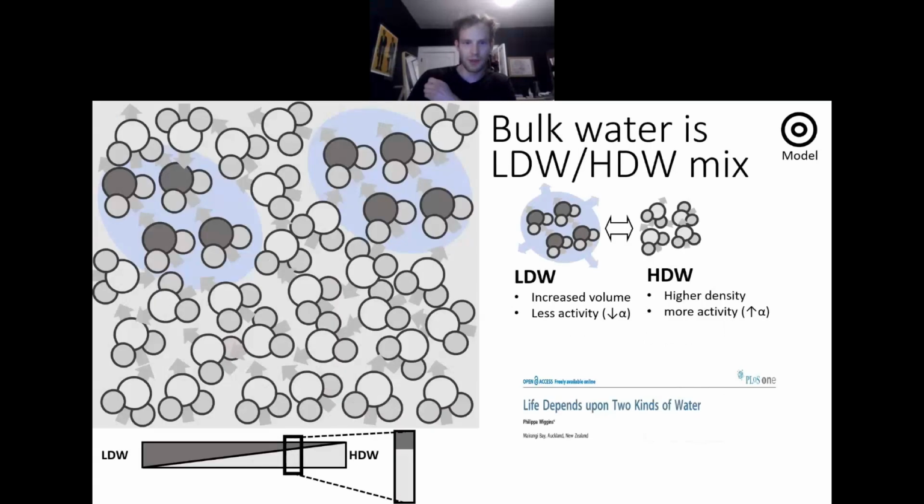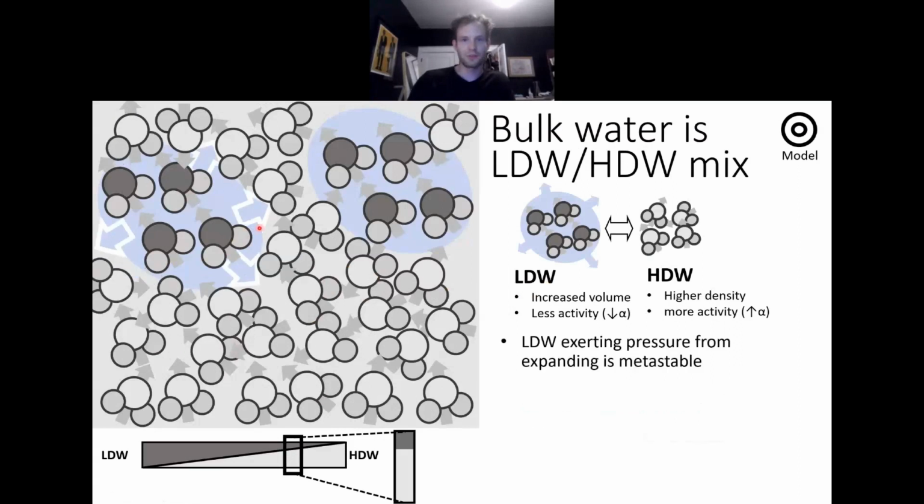So this is the model that two-state water works off of to explain these water anomalies. It talks about bulk water as being a mixture of these two, where bulk water would have pockets of low density next to high density water. Because low density water wants to expand to optimize the hydrogen bonds, it pushes out on the other molecules, and this is unfavorable.